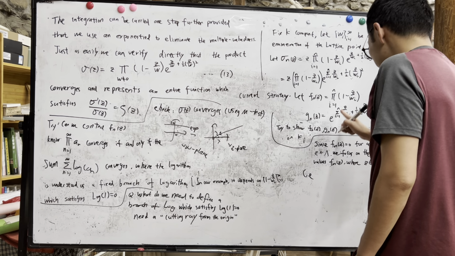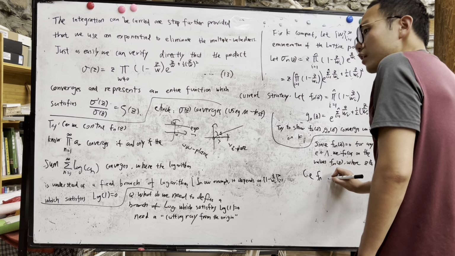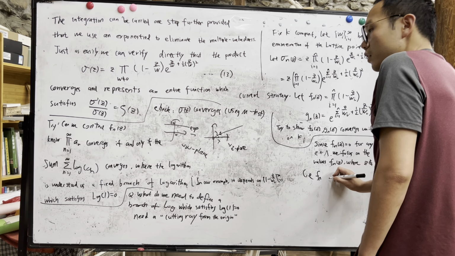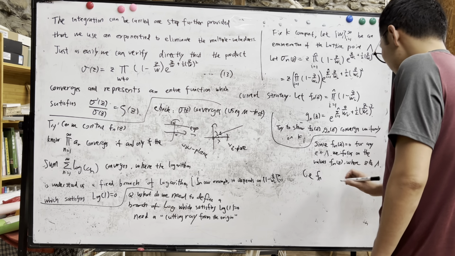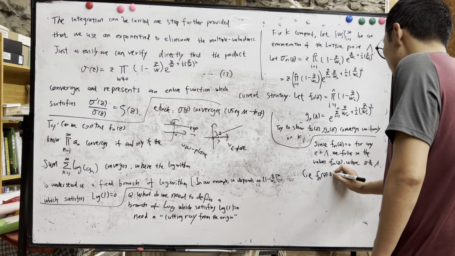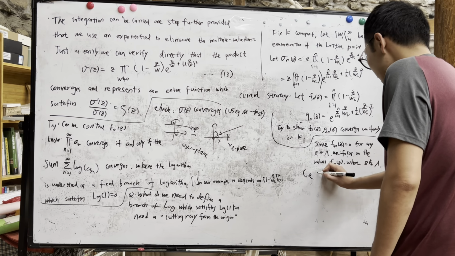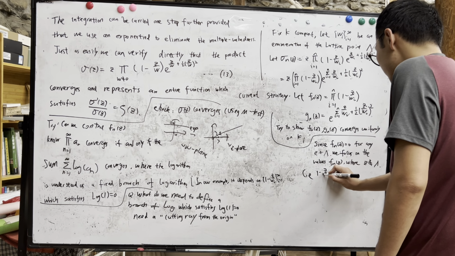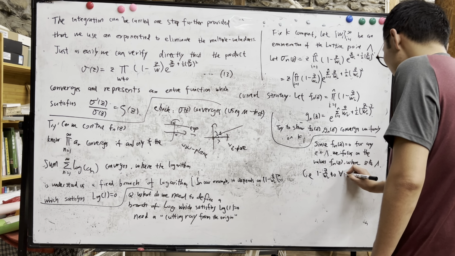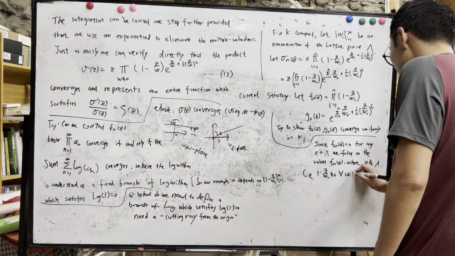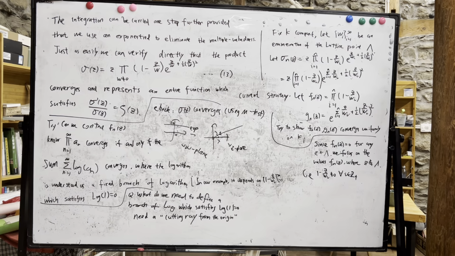That is, f_n(z) is not equal to 0, i.e. 1 minus z over omega_i is not equal to 0 for all i in the positive integers.